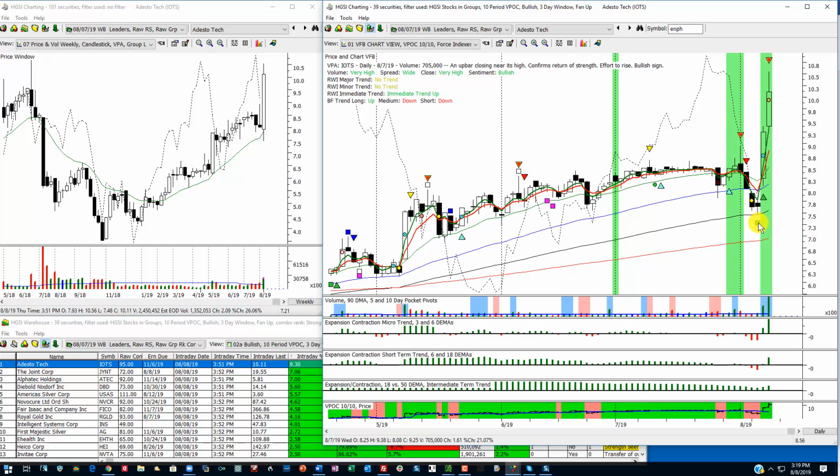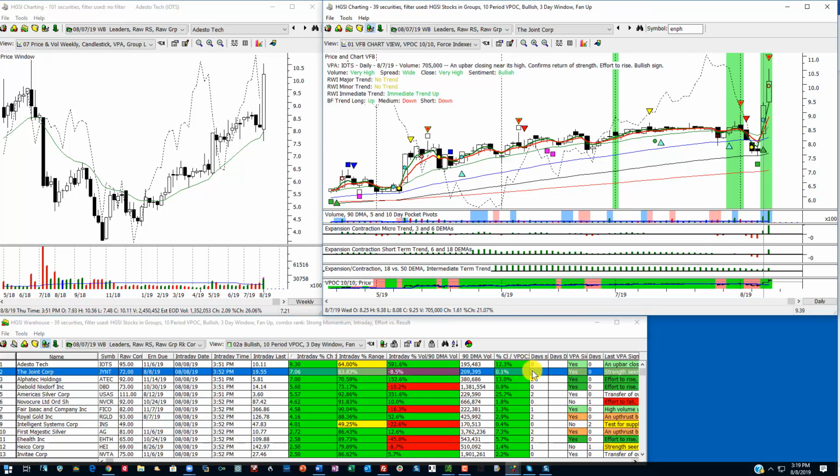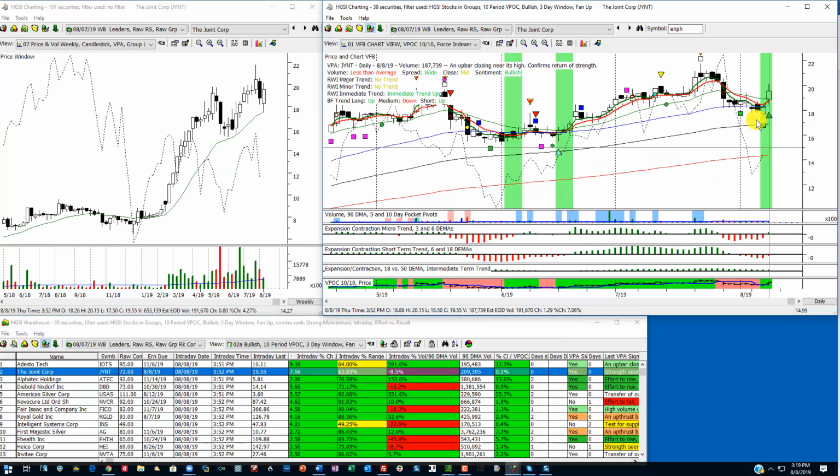But look at this. Here's a VPA flag. There's a crossover here. And the VPOC is down here in the bottom window, and it turned positive on that day. And there was a nice follow through today. Okay? Trying to get this window to go back. There it goes. So let's look at another one from yesterday. Well, there's the joint company.